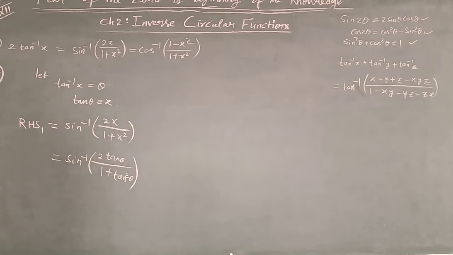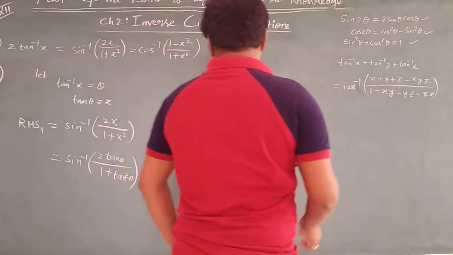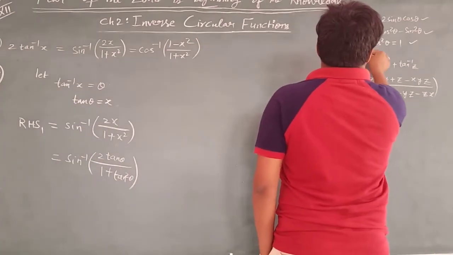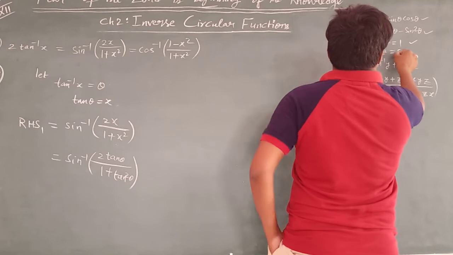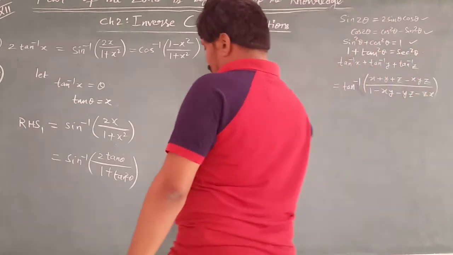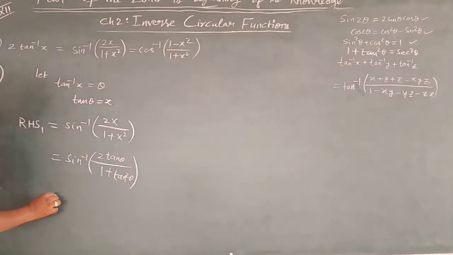So 1 plus tan square theta is equal to secant square theta.